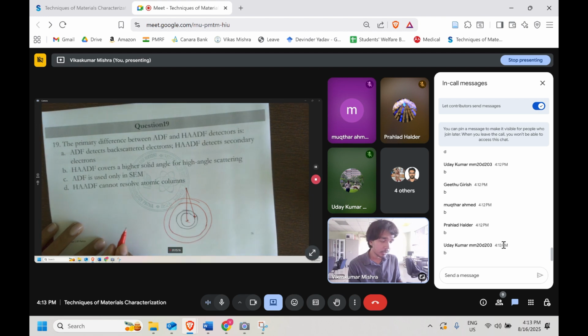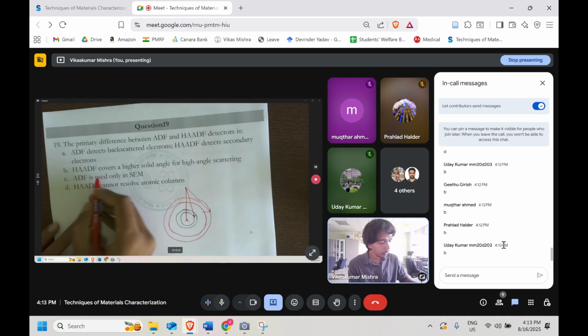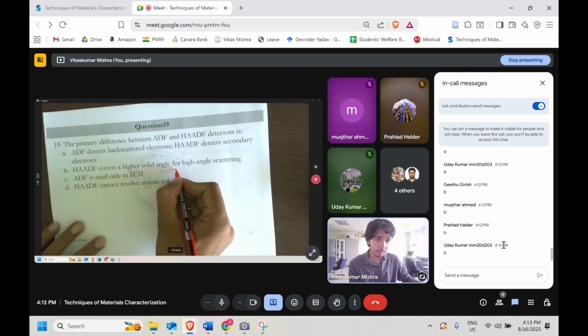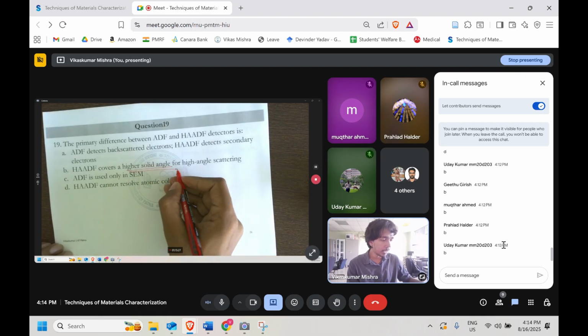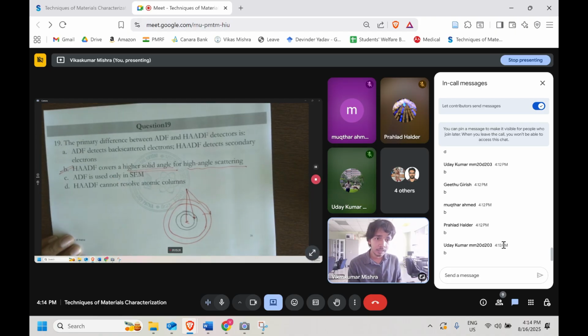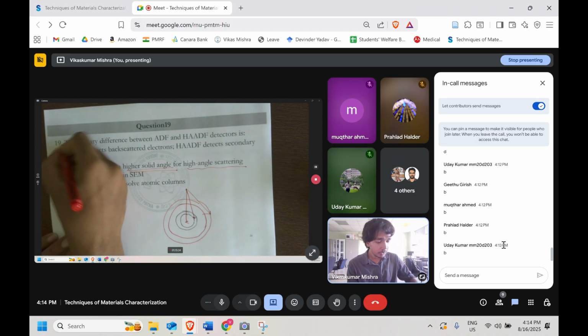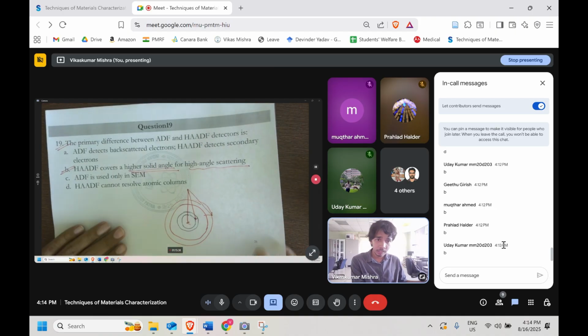The annular dark field only covers this much, while the HAADF will cover more angle. So it will cover a higher solid angle, we are talking about the cone, for high angle scattering. Yes, very good. So the right answer here is option B. Any doubt, guys? Let me know.